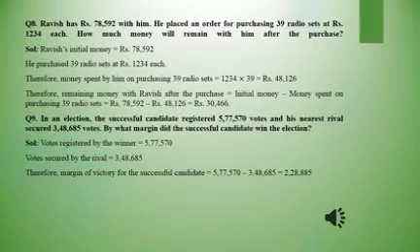So the initial amount which Ravish has with him is rupees 78,592. After that, he purchases 39 radio sets. The cost of one radio set is rupees 1,234. Therefore, the amount he spends on purchasing 39 radio sets would be the cost of one radio set multiplied by the total radio sets he purchases.